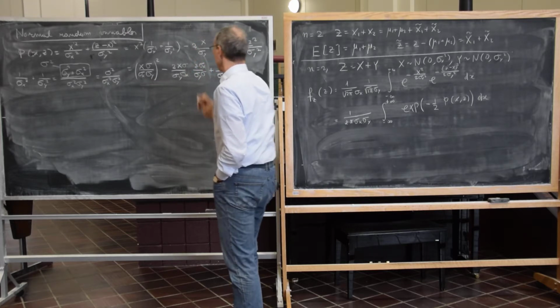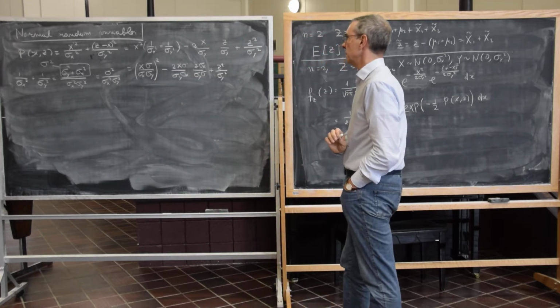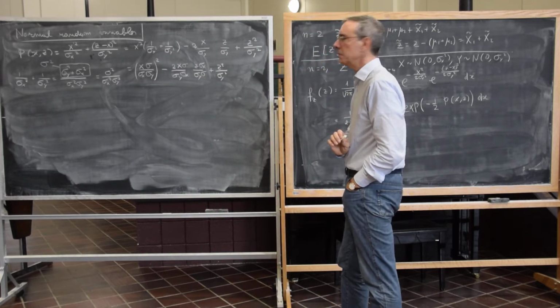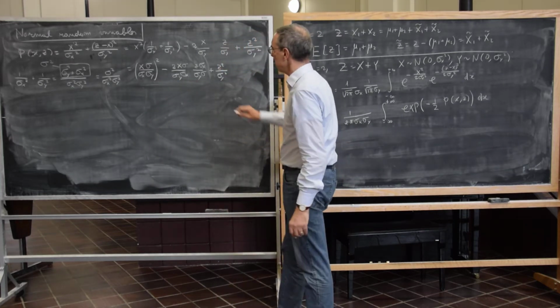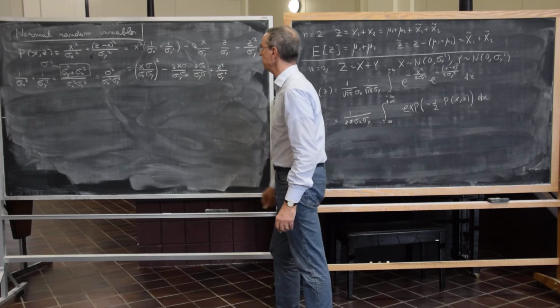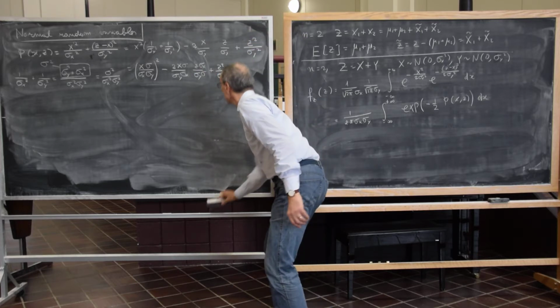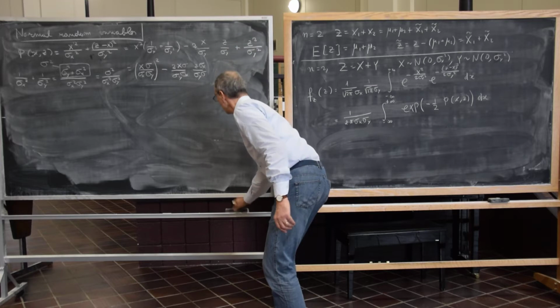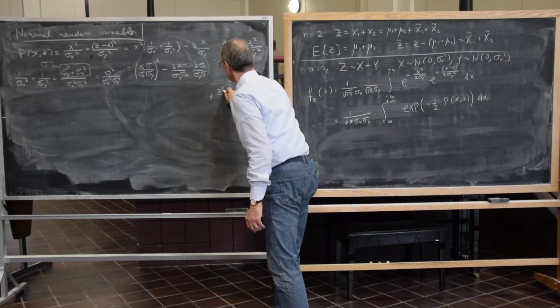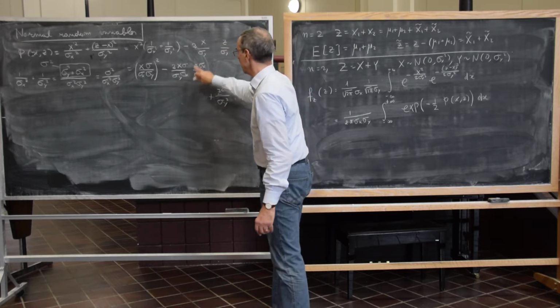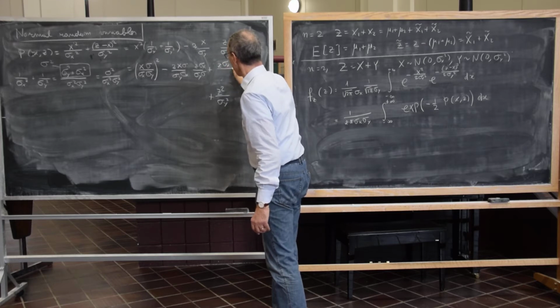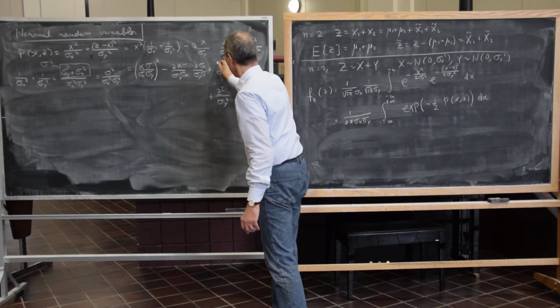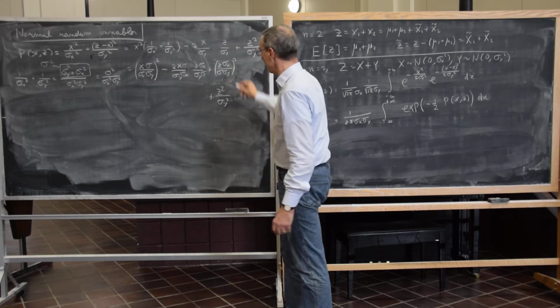Fair? Okay, so this is now the cross product. But wait a moment. We miss the square of this object here. Well, we need the square of this. Let's add it. But if you add, you also have to subtract.